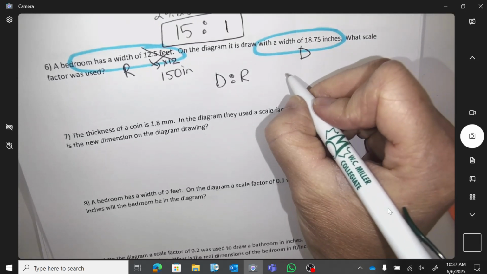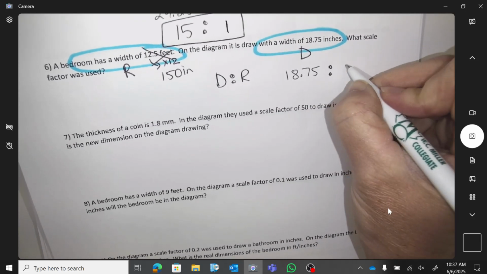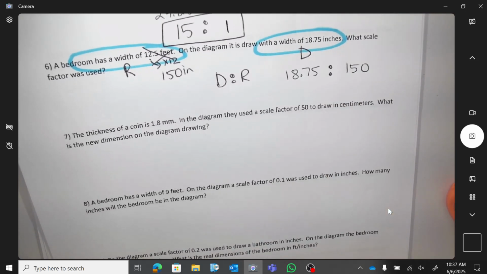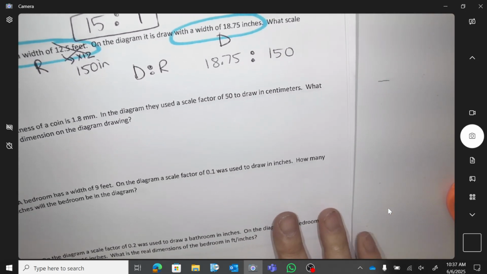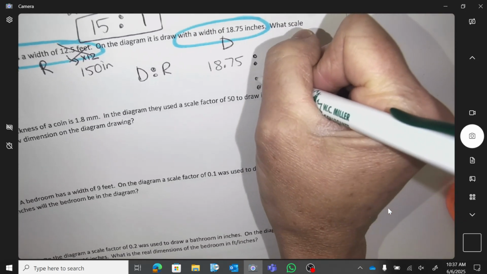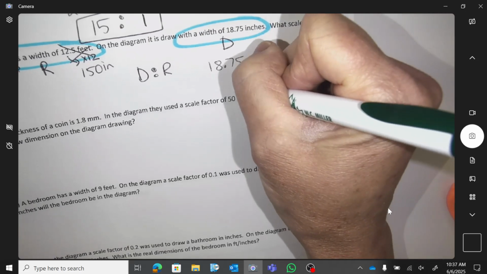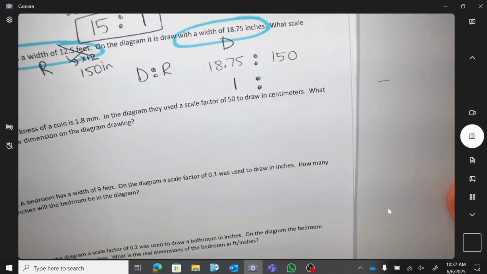So diagram to real is now like that. This is my diagram number, my real number. Turn the smaller value to a 1, which is that.